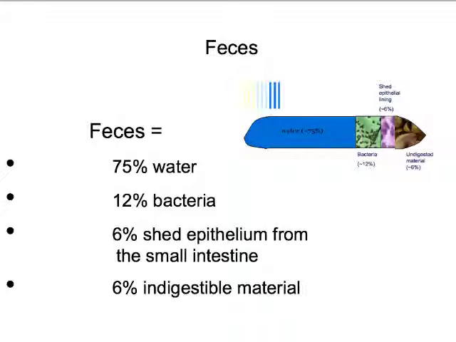As the food goes through, friction is going to cause some of the cells to be sloughed off, and so our poop is going to have some of that in there. And then only about 6% is indigestible material, indigestible food that we actually ate and put in our mouths in the beginning. So if we think about just the food that we start with, our body is able to basically process 94% of it, which is pretty good.